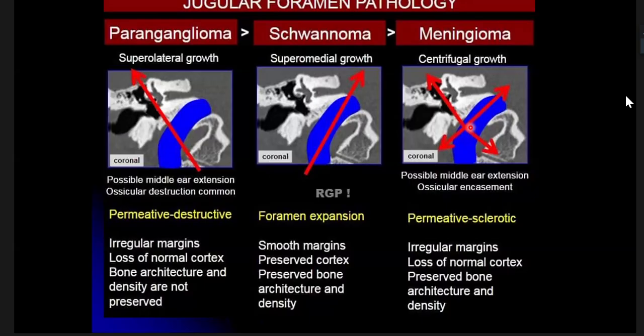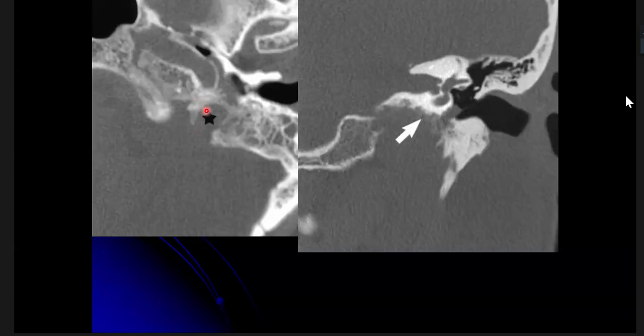The margins are very much irregular, but still the bony density is preserved. So this is the permeative sclerotic type of bony involvement, which is very typical for meningioma of the jugular fossa. And if you see here, the inner cortex is broken. There is erosion, destruction, and bony density is not preserved. So this is permeative, destructive type of bony involvement, which is seen in jugular paraganglioma.